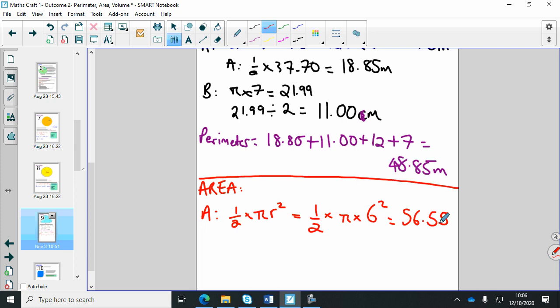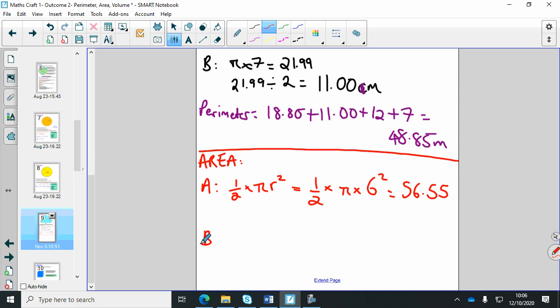Okay, so for part B, again, we're going to do a half of pi r squared because it's a half circle. And the radius for B, well, the diameter is 7, so the radius is 3.5. Which gives me 19.24.